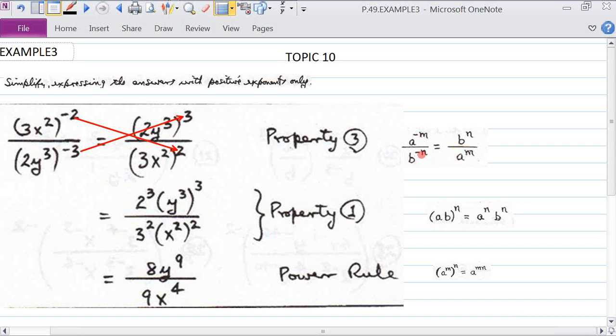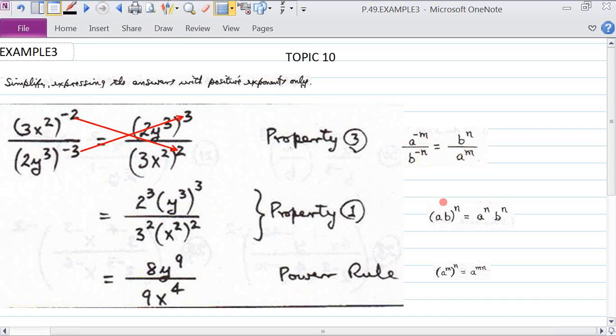And move this from the denominator to the numerator and make the power positive. So what's happened here is we're taking 3x squared to the power minus 2, moving it to the denominator, where it becomes plus 2, taking the 2y cubed to the minus 3, and bringing it up to the numerator. And we've used this property here.